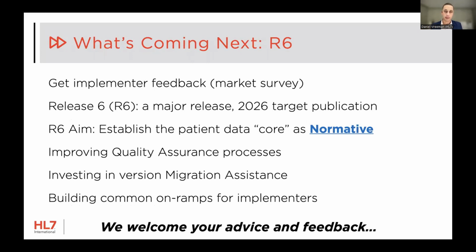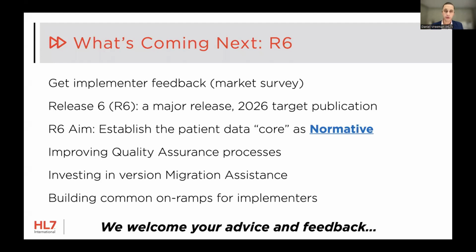The principal aim of R6 will be to establish a broader core of the data that's important for patients and patient-related information to be labeled as normative, to have that high level of maturity. And we're working with the community to draw the circle around what exactly fits into that patient data core. But that's certainly the key focus for R6.